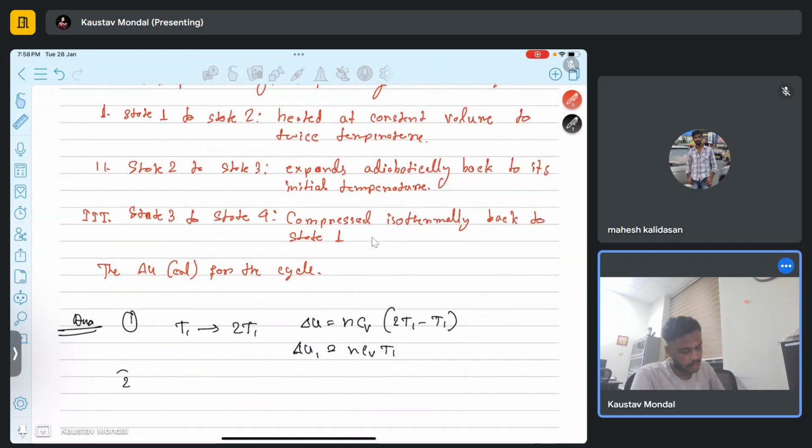For the second case, what is happening? The gas expands adiabatically back to its initial temperature.